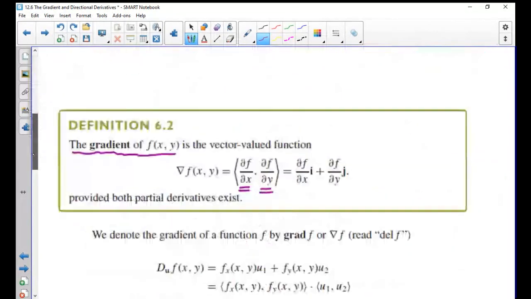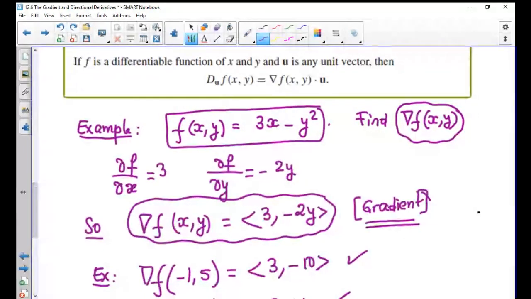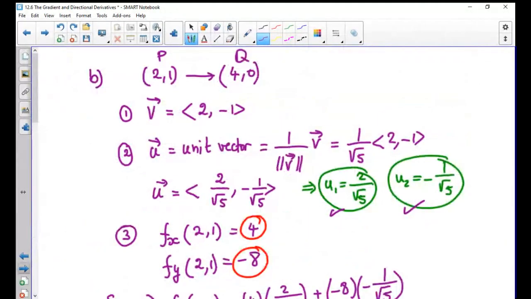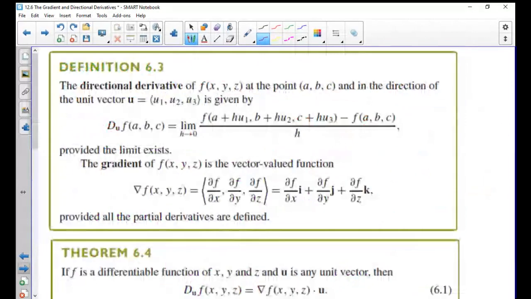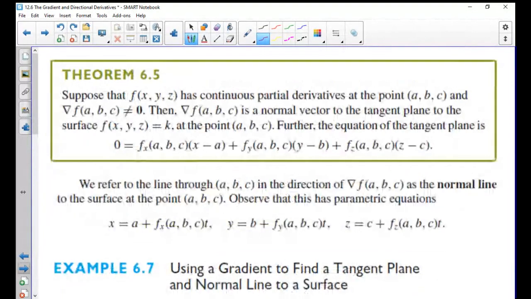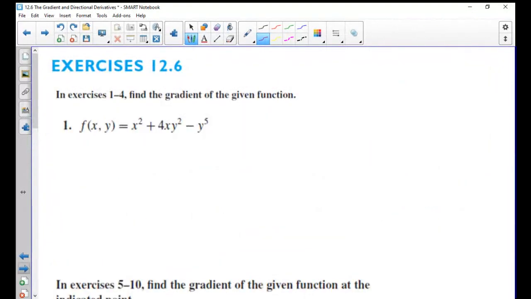Now, I don't want to do anything new now. I just want to check one or two examples here. Here is a function f. I want to find the gradient of this function.